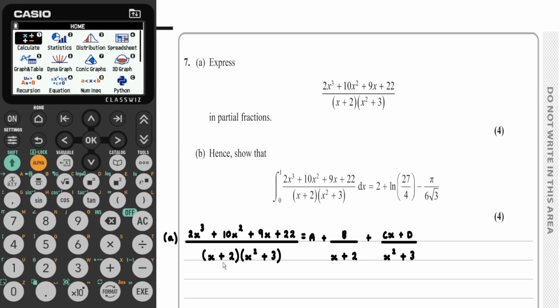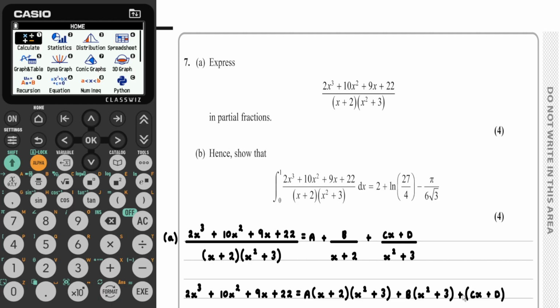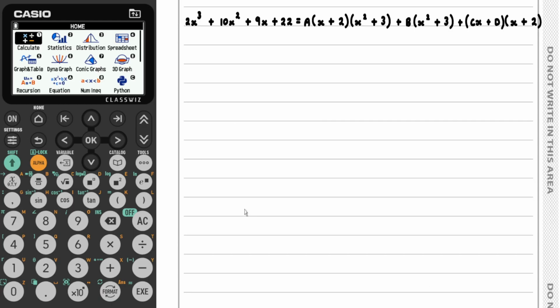What we can now do is multiply both sides by x plus 2 times x squared plus 3. And in doing so, on the left hand side we've got 2x cubed plus 10x squared plus 9x plus 22. And on the right hand side we have a times by x plus 2 times x squared plus 3, plus b times by x squared plus 3, plus cx plus d times x plus 2.